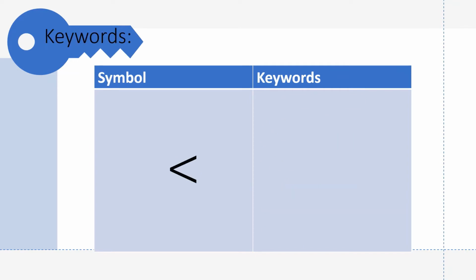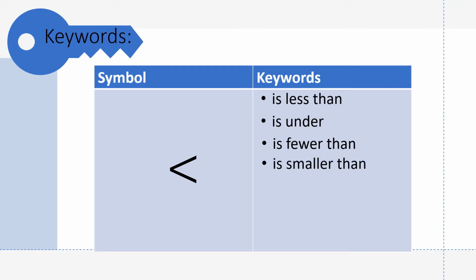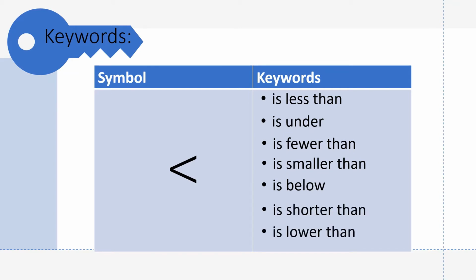Next symbol, the less than symbol, we have the keywords is less than, is under, is fewer than, is smaller than, is below, is shorter than, is lower than.